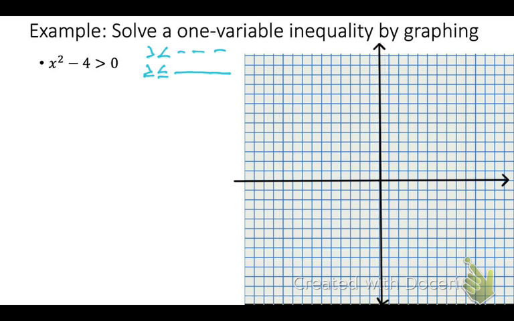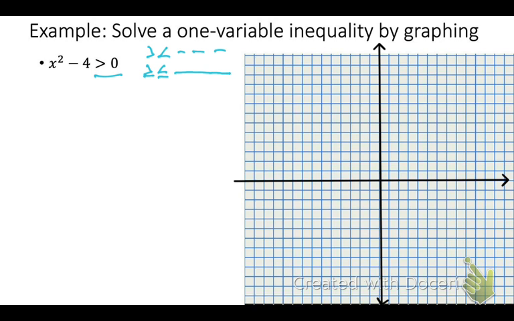Okay, so we want it when it's greater than 0. That's what this says right here, correct? We want to know when x squared minus 4 is greater than 0. What does greater than 0 mean? 0 is where? The x-axis. So greater than 0 would be positive.